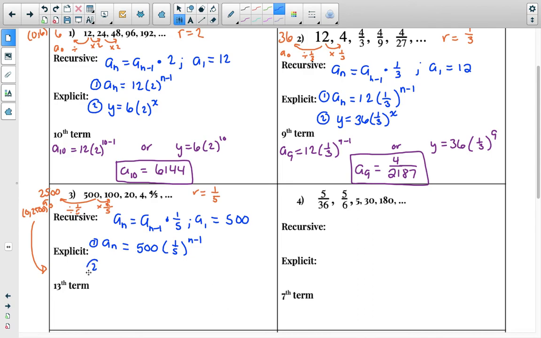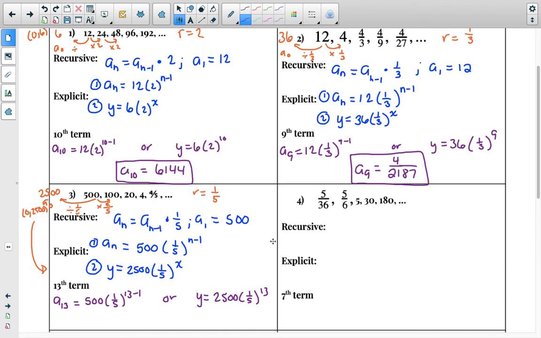But for our second explicit, we use the exponential. So y equals our y-intercept of 2,500 times our common ratio, or our factor, of 1/5 raised to the exponent of x. So our 13th term, a sub 13, will equal 500 times 1/5 raised to the 13 minus 1, or we'll have y equals 2,500 times 1/5 raised to the 13th.